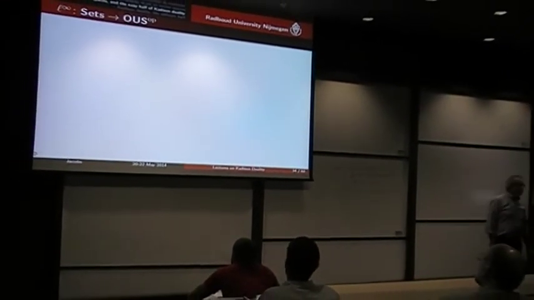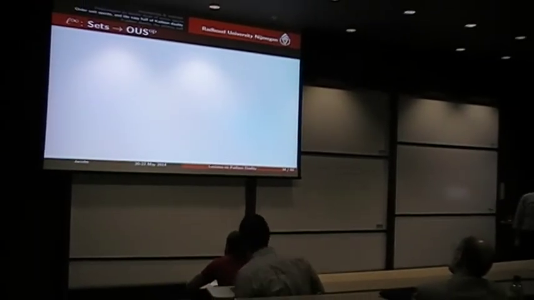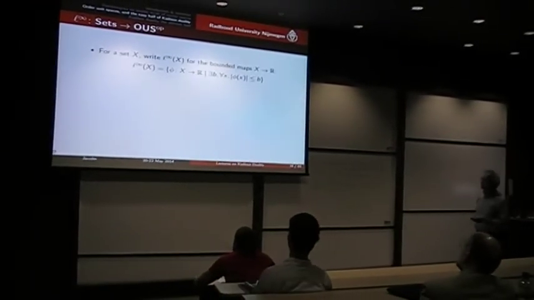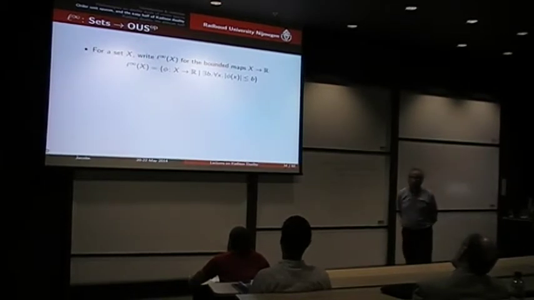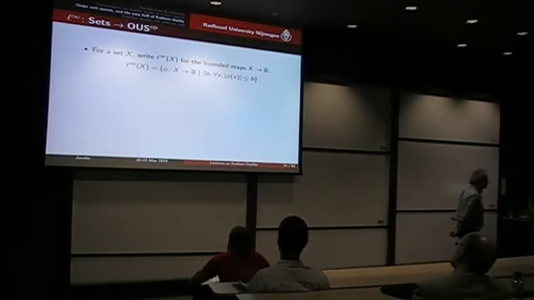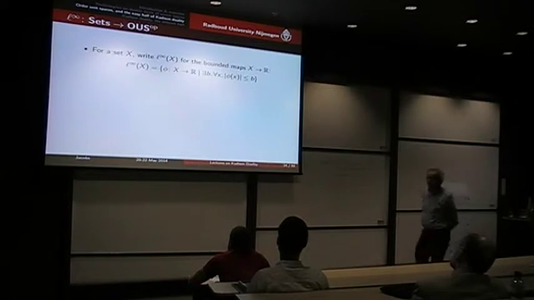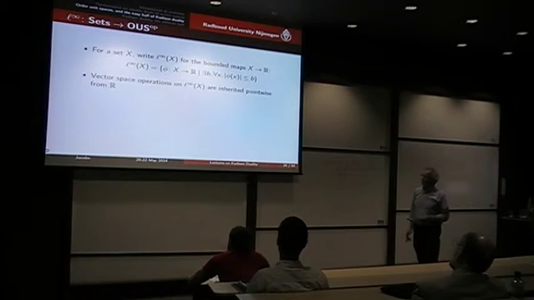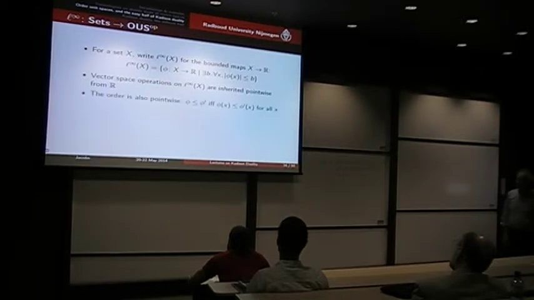Let's look at this functor first, L infinity, going from sets to order unit spaces. What does it do? It takes a set and you take the bounded maps to the real numbers. And bounded means that there is simply a bound B such that the absolute value remains below B for each x. The vector space operations on this set are inherited pointwise from the real numbers. The order is also the pointwise order, so two functions are ordered if and only if this holds at each element.